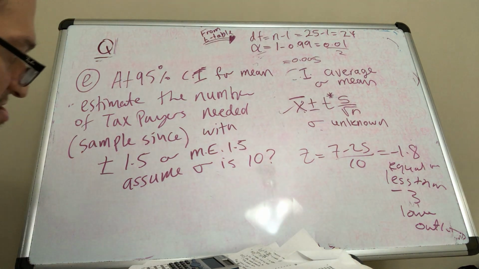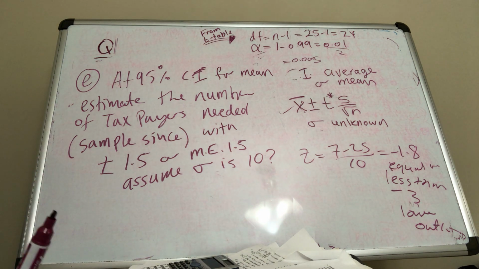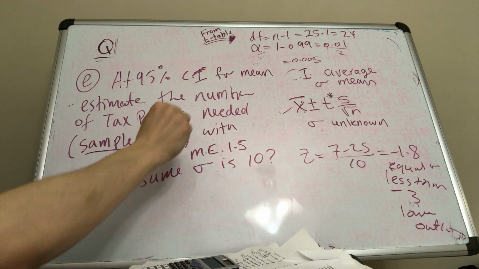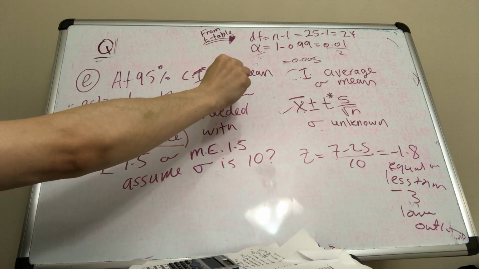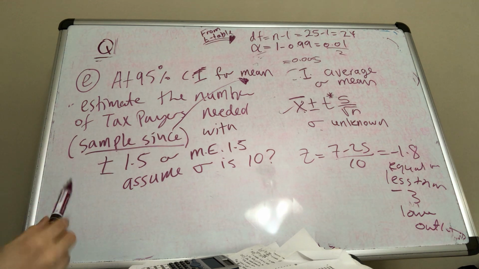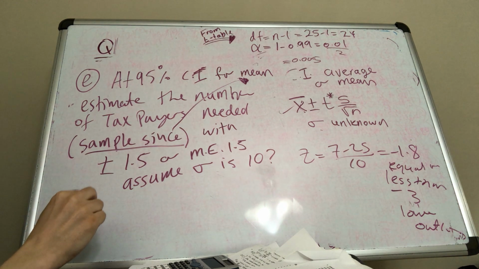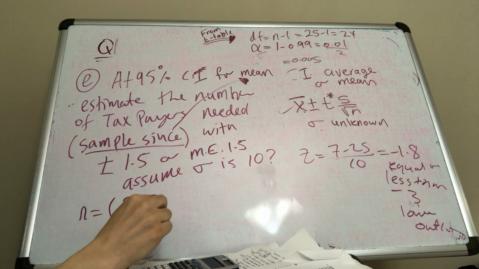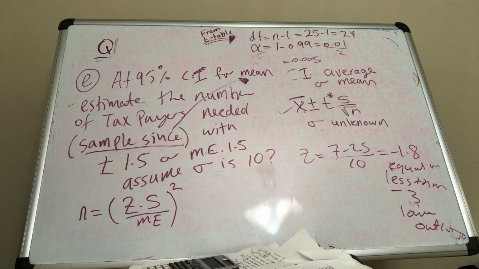Okay, so I told you this when we did it in the previous question, estimating sample size for proportion. We gave you the formula and we told you there is a new way and old way. When you do sample size and it's for mean, confidence interval for mean, we use this formula: Z star times sigma over ME, squared.